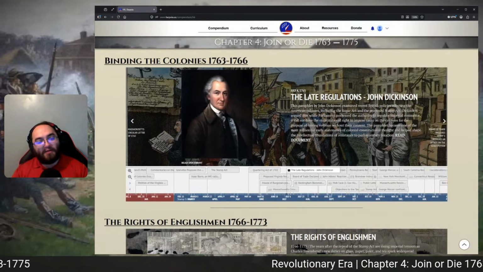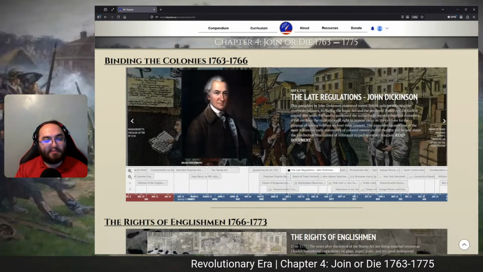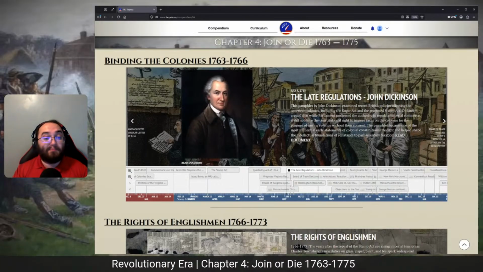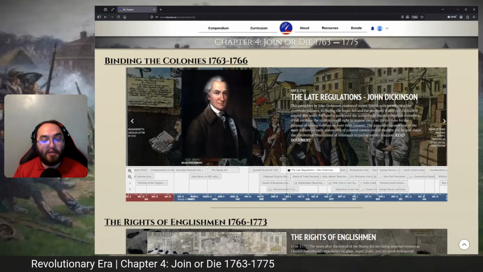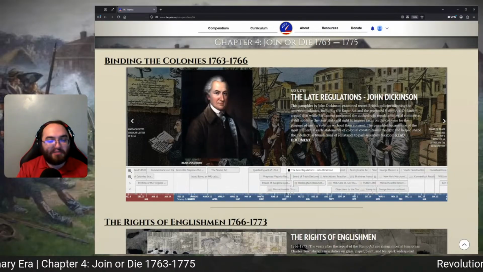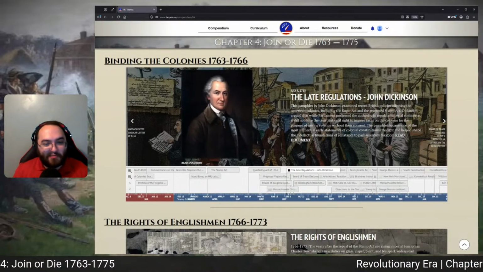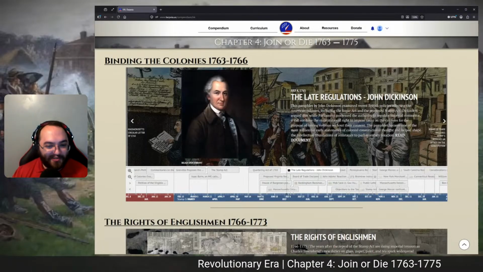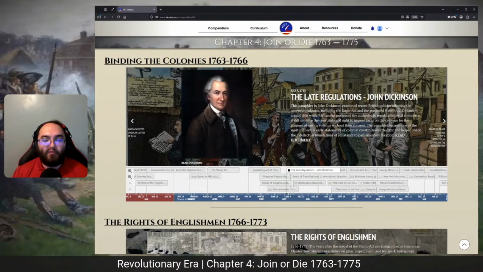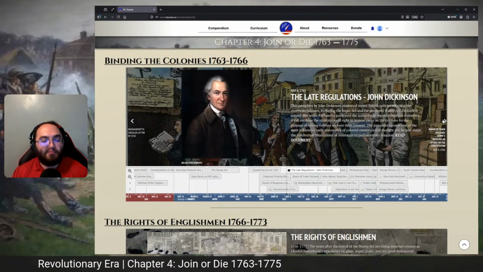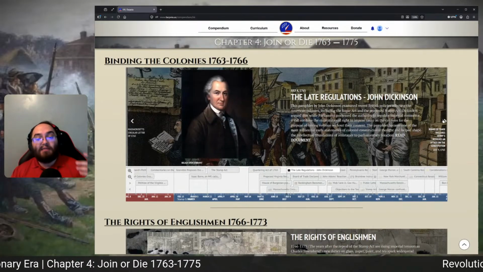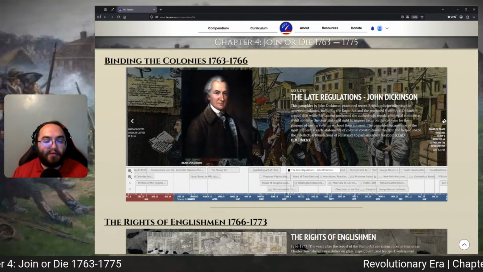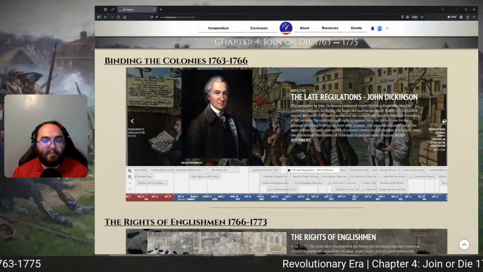But after independence was passed, and he abstained from voting for independence, he joined the revolution. So he was a reluctant patriot. He didn't want to secede from the British Empire, but after his state of Pennsylvania did, he decided to stick with Pennsylvania and not with the British Empire.